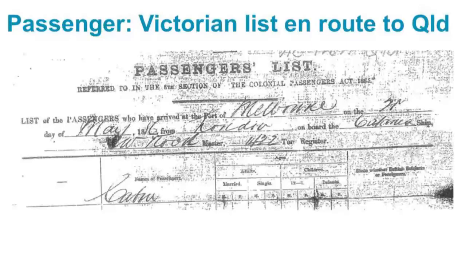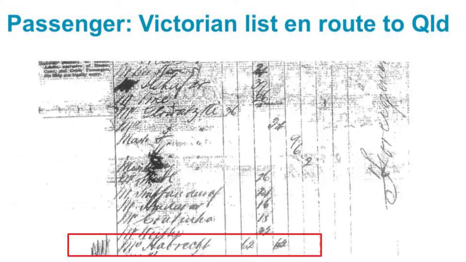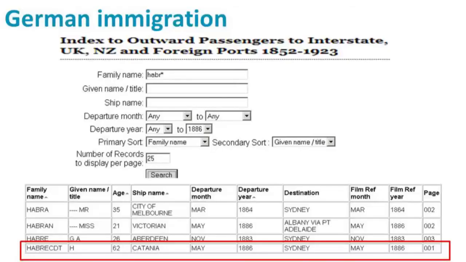There's no Queensland list, but there is a Victorian list. Because of the way the name is spelt, you do a search with just the first three letters and a wild card to pick up the way the rest of the surname would be spelt. And you can see that the way it ended up being spelt was without the extra E.